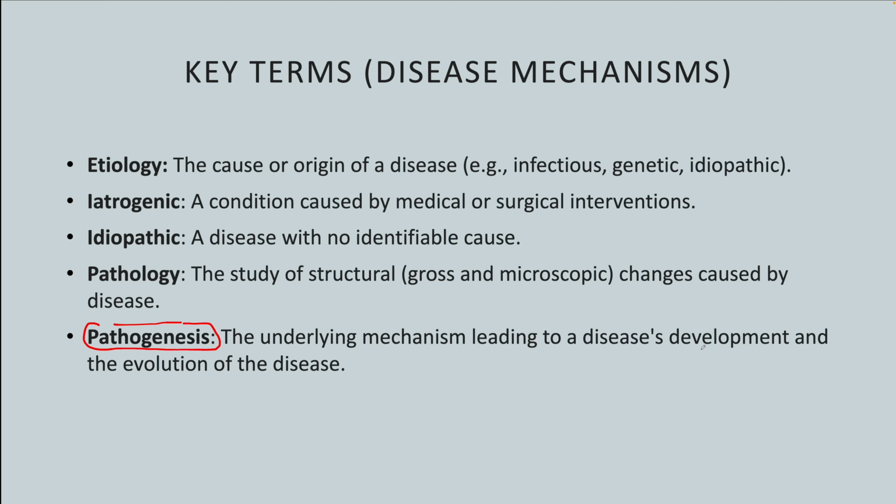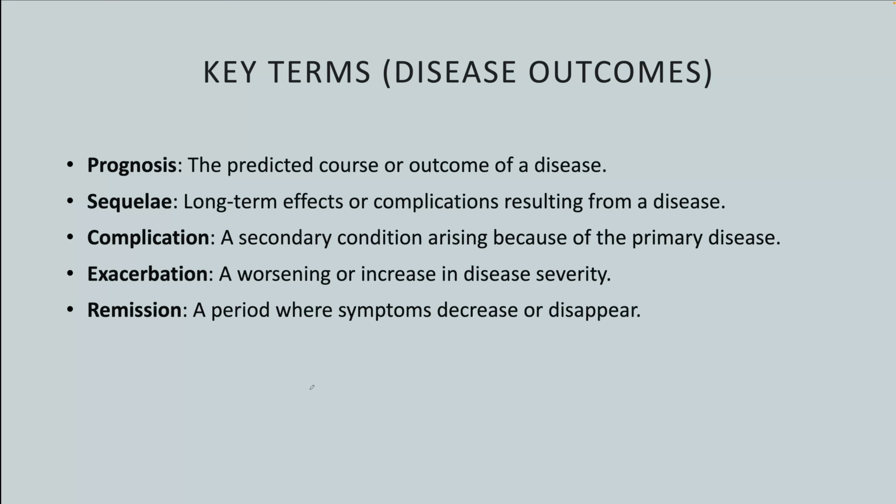So when we have the patient with certain manifestations, we can think and reason, okay, how this symptom or this sign developed. Okay, how a disease evolves, the different steps in which different diseases manifest. More key terms.